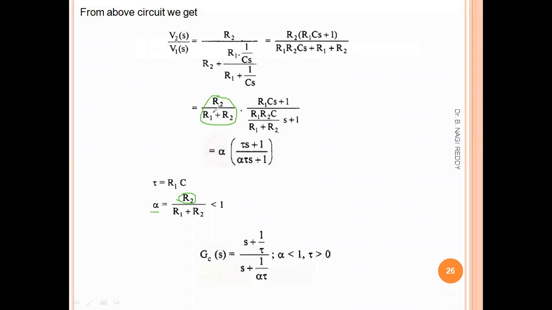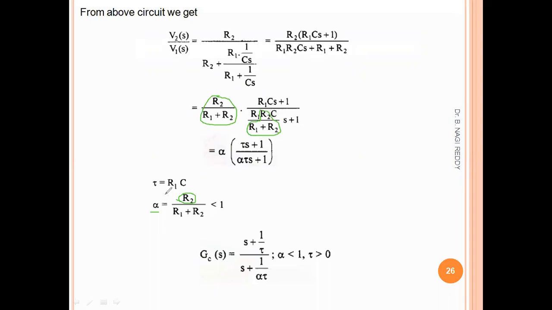So in place of R2 by R1 plus R2, simply write alpha. And similarly, here also in the denominator, R2 by R1 plus R2, in this place we can write alpha. Then what are we left with? We are left with R1C1 in the numerator as well as the denominator.